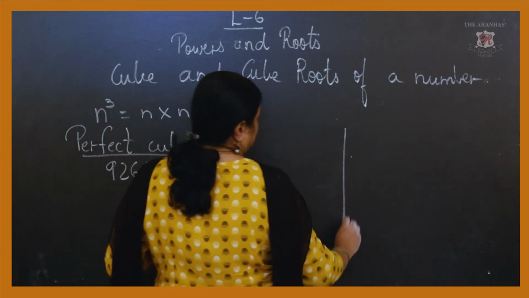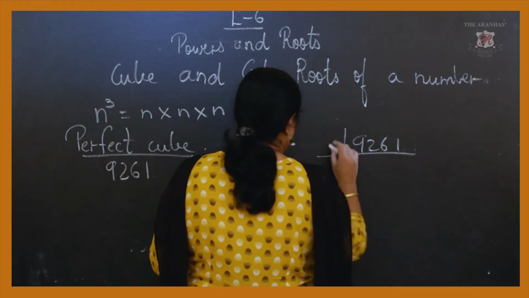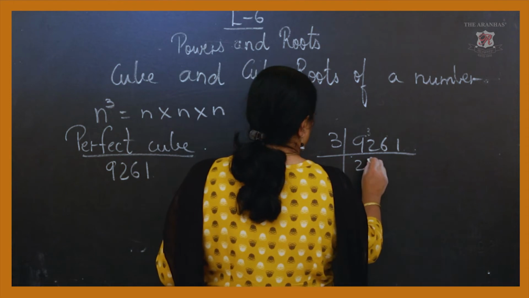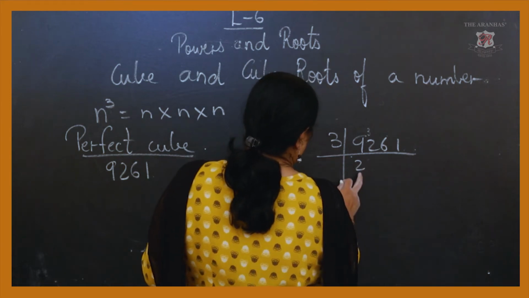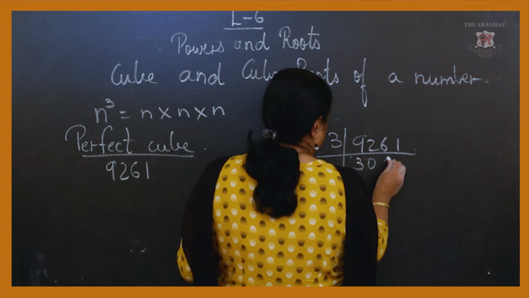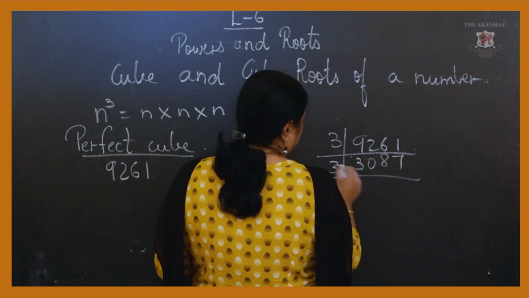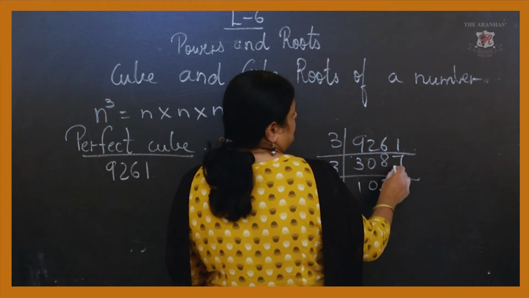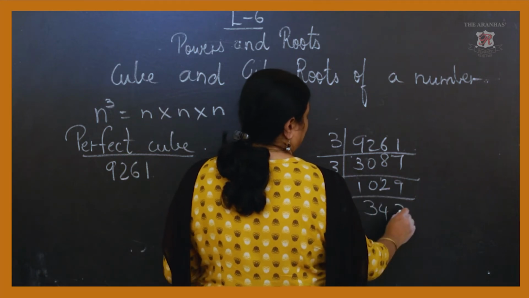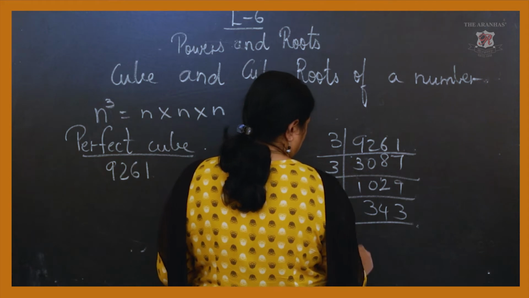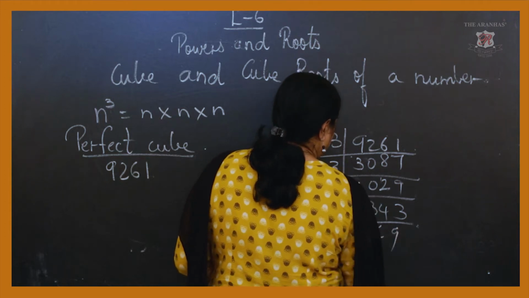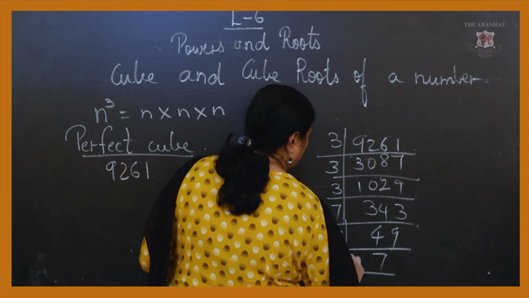Now you are doing it: 9261, which will be 3 2s are 6, 3 7s are 21, 3 3s are 9, then 0, then you are taking these, 3 8s are 24, 3 7s are 21, again 3 1s are 3, 0, 3 2s are 6, 3 9s are 27, again 3 3s are 9, 3 4s are 12, 3 3s are 9, then again 7, 1029, 343, 7, 49, then again 7 7s are 49, 7 1s are 7.